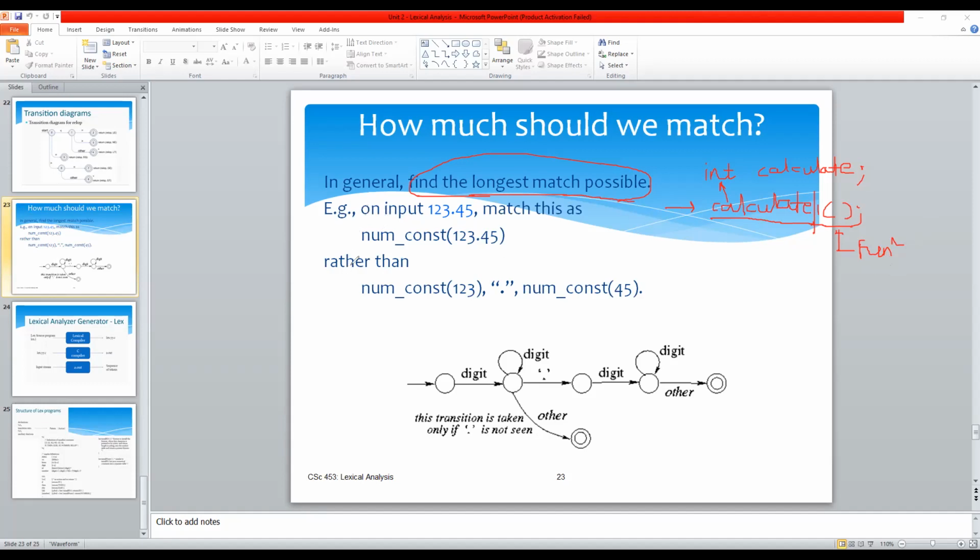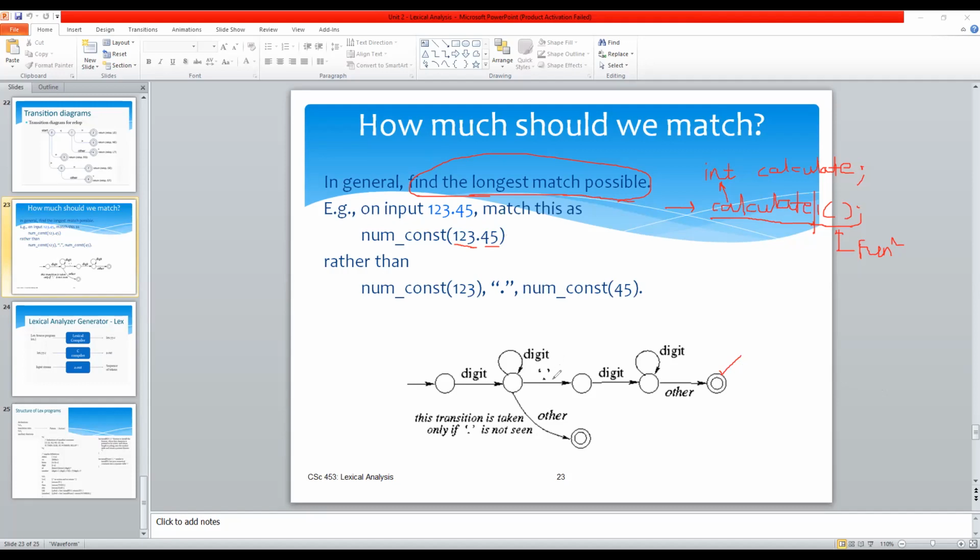The second example shown here is the input 123.45. If I consider this as a number constant, then it will consider only the integer part 1, 2, 3. But the fractional part it will not consider. So for that, I have to go with the longest match, so that after the decimal point also you have some digits and that will give you the proper number.